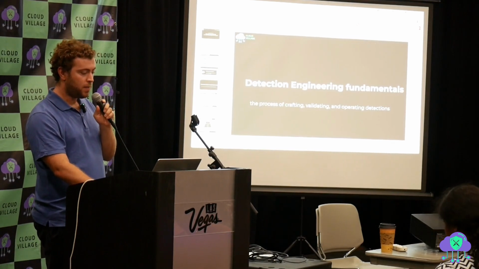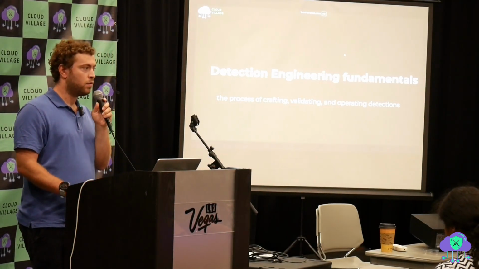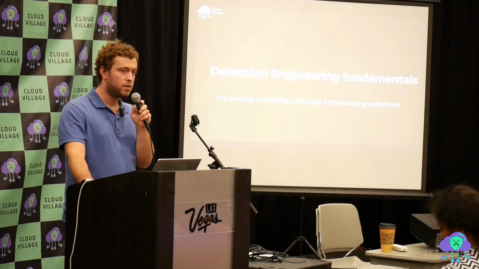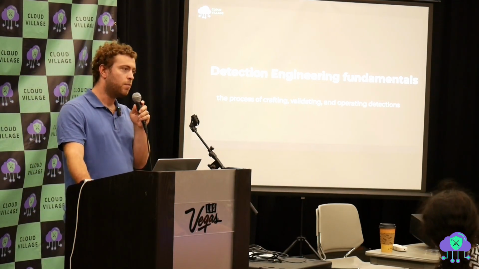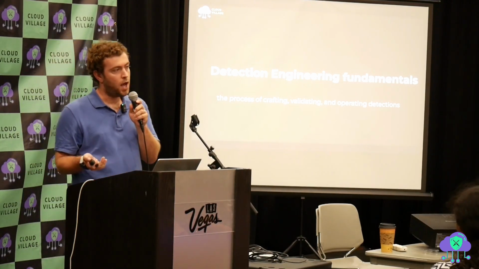Maybe 10 years ago, we were focusing on indicators of compromise, things like IP addresses, hashes, and domain names to detect bad things. And in the cloud, we have some cloud-specific IOCs.